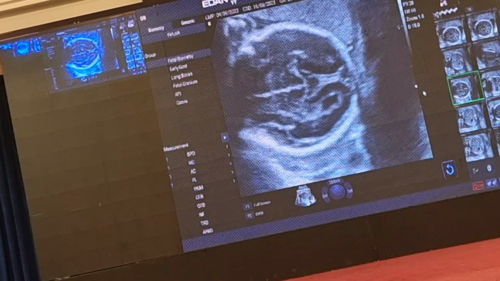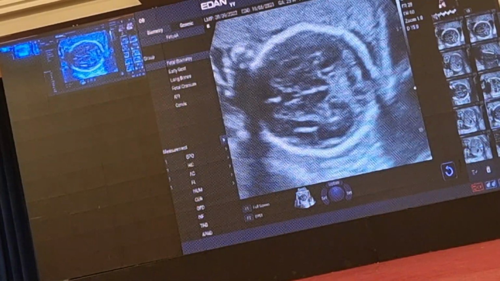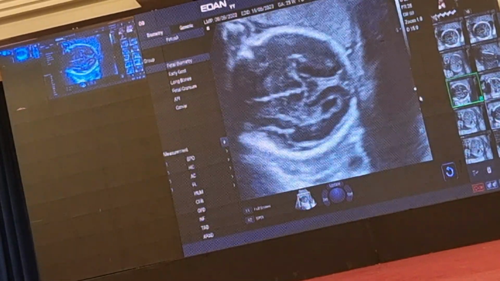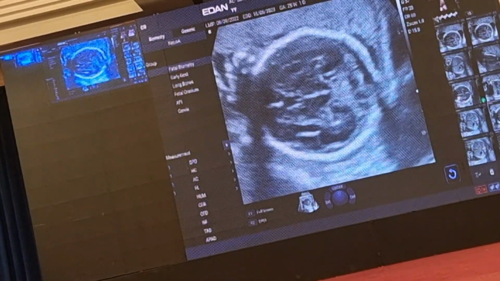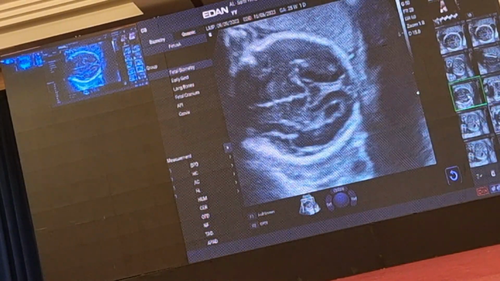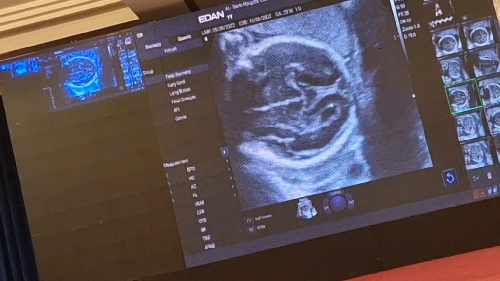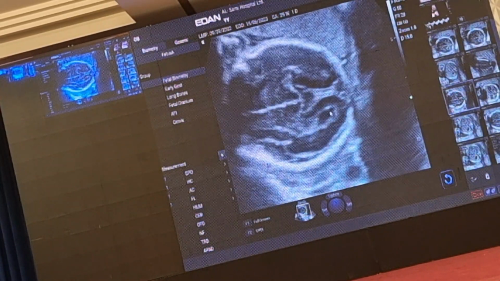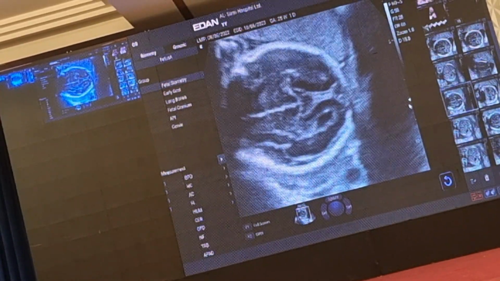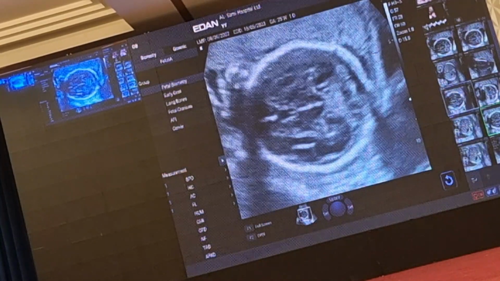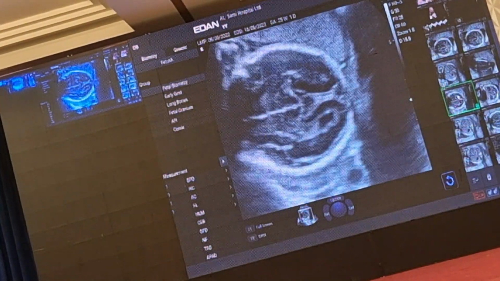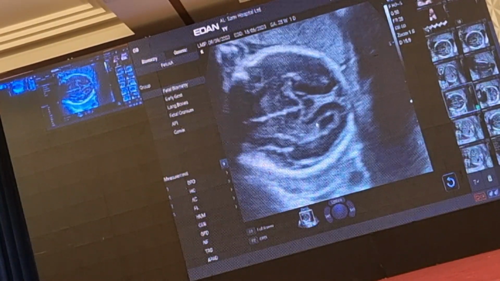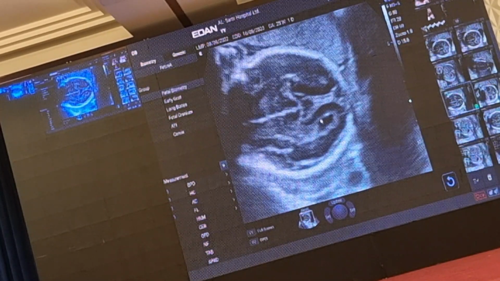When we take a transventricular view, our main intention is the ventricular size.